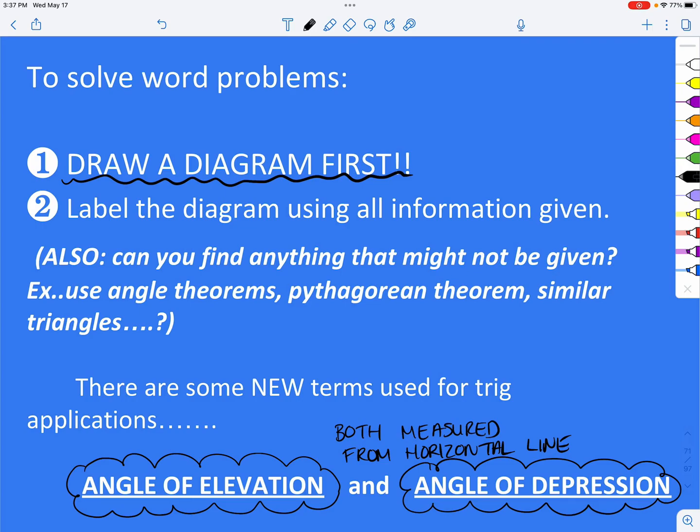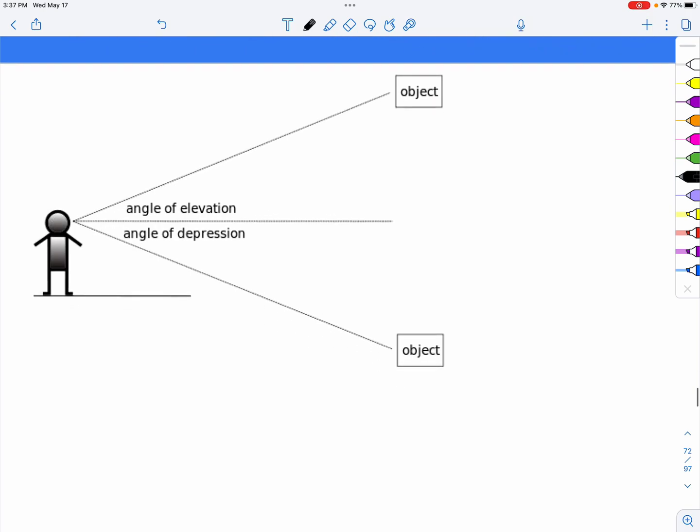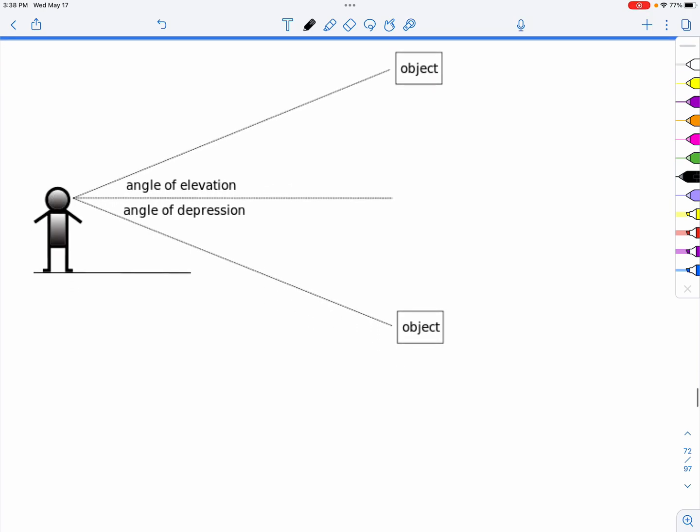What does that mean when I say they're both measured from a horizontal line? Just this. So you might want to pause the video and kind of just draw this diagram in. Here is a horizontal line. If your diagram already has it in, awesome. If it doesn't, then I add one in, and you'll see that happen in a few of our examples today.